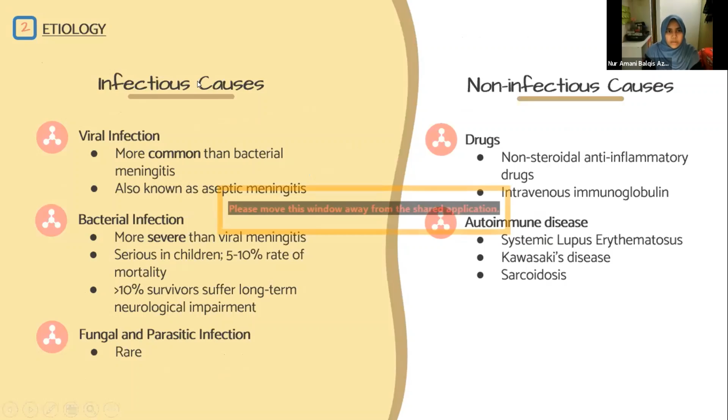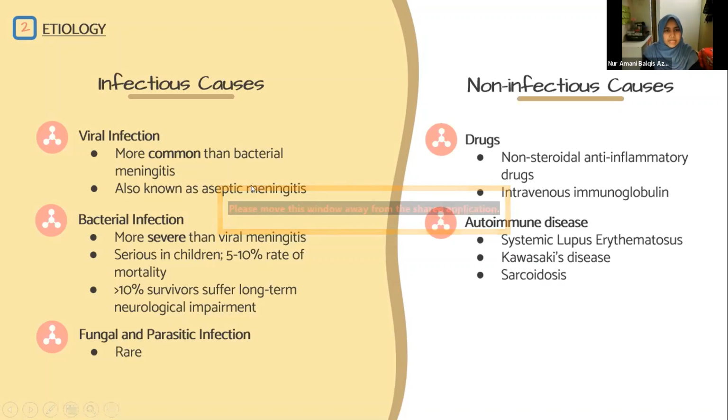We can divide the etiology into infectious causes and non-infectious causes. For infectious causes, it can be either viral, bacterial, fungal, or parasitic infection. Viral infection is the most common cause of meningitis.